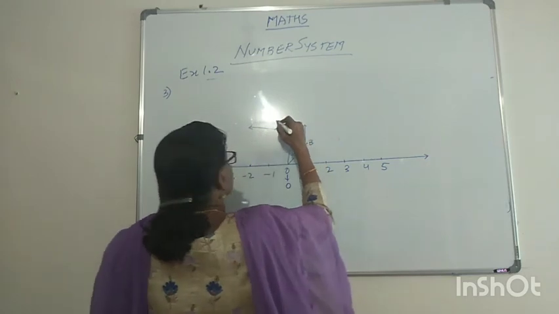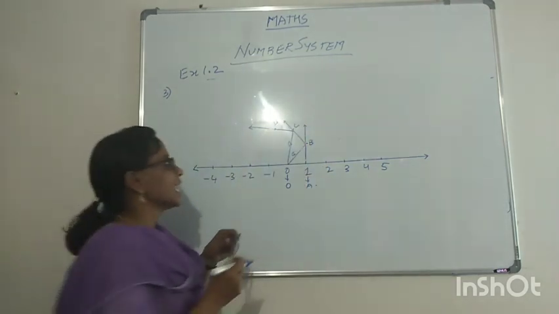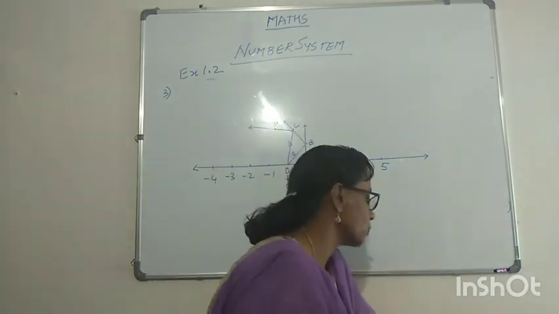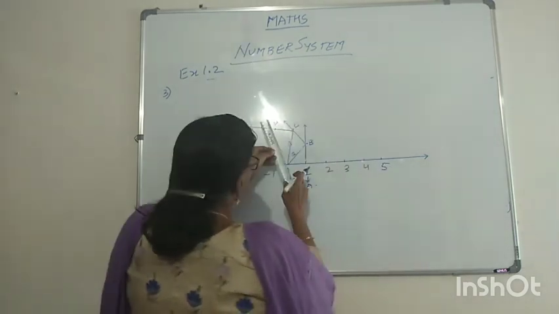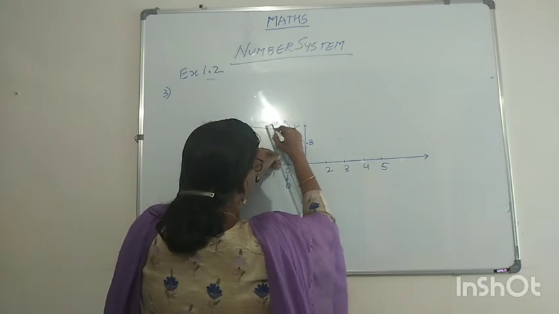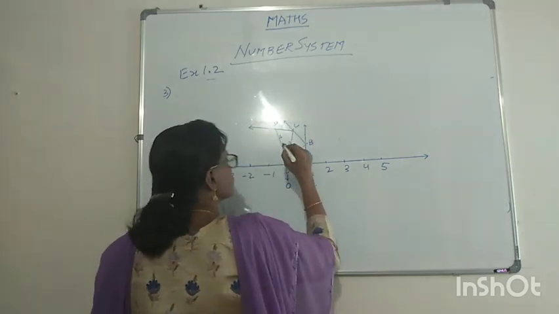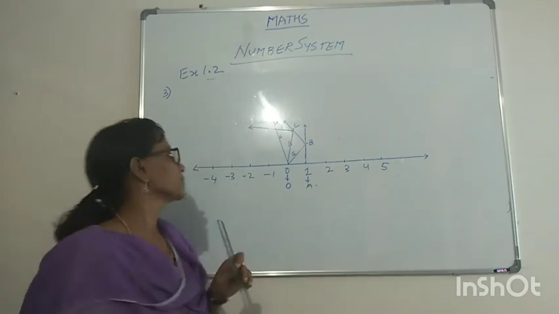And we are going to call that point D. Having got this point D, we are going to join D to the point O. And this is going to represent root 4, or 2, as we bring it on the number line.